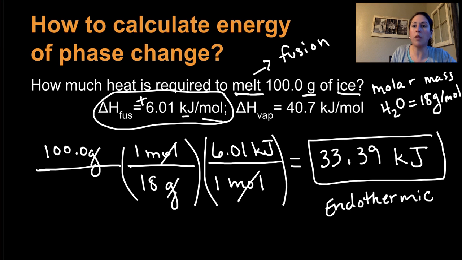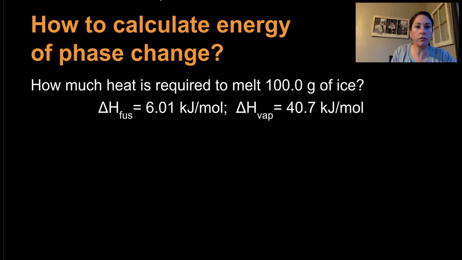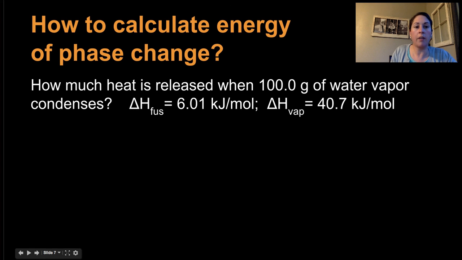All right, let's try one more example. So again, we're still calculating that energy of phase change, or enthalpy. And in this one, it says how much heat is required when 100 grams of water vapor condenses.